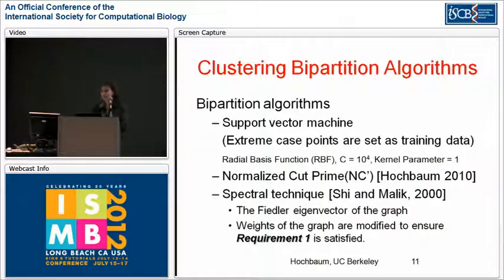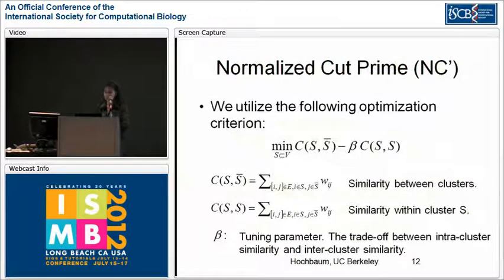Particularly, if you have heard about it, there is the Cheeger constant and the expander of a graph, which are hard problems, and the spectral technique was used as a heuristic that has been extensively analyzed for close to 50 years now. So that's the reason it was selected. I'll elaborate some more on this Normalized Cut Prime because most people did not hear about it.